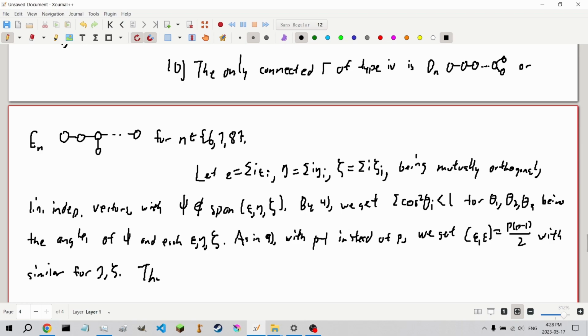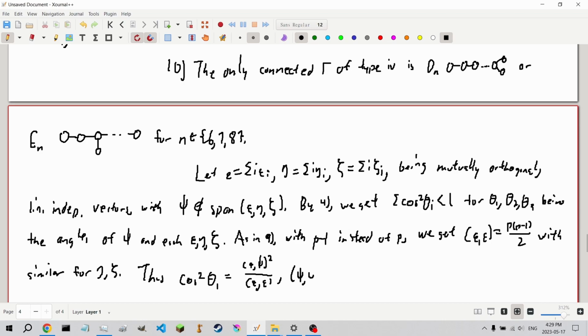And thus we get that cosine squared theta 1 for epsilon is equal to the form of epsilon and c squared over the form of epsilon with itself. Similarly for the other two.